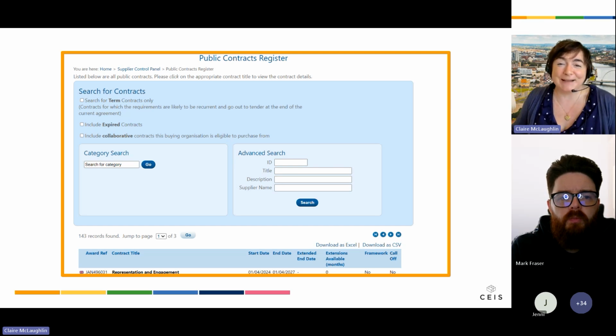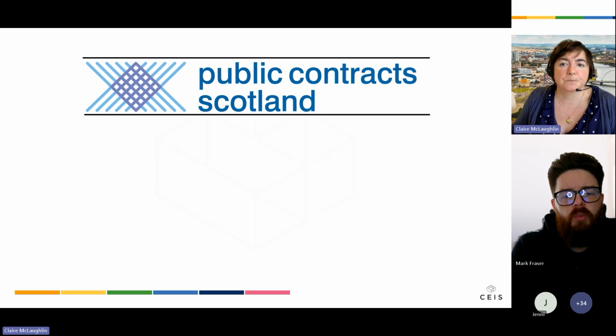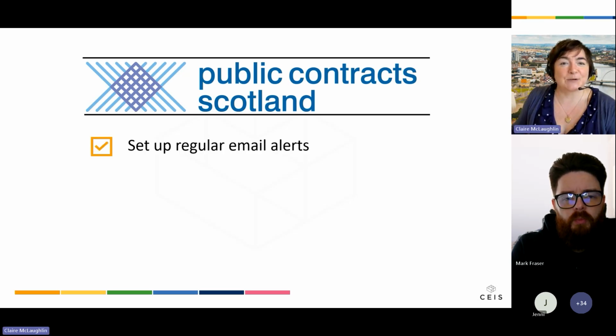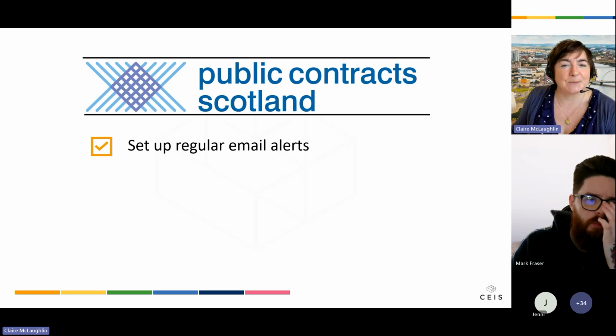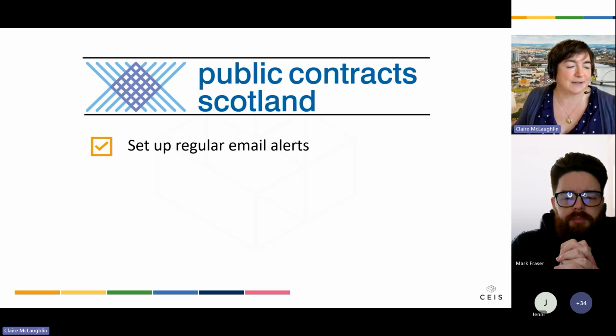Okay, so we've covered quite a lot of ground already, so maybe it would be quite helpful to have a wee recap on the key things around Public Contract Scotland. All right, so what are the key things that you want to be doing after watching this webinar? So you want to go on Public Contract Scotland, you want to be setting up regular email alerts, so setting up your alert profile to make sure you receive regular email alerts.